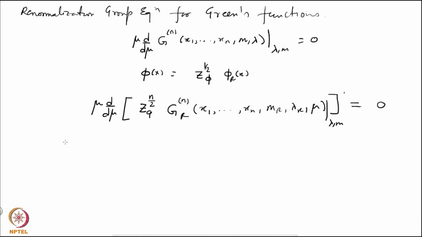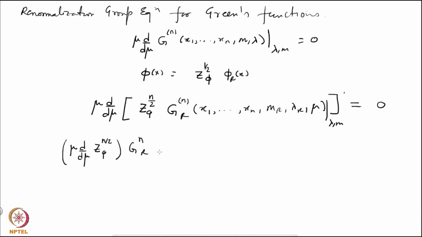Okay, so now let's act with the derivative. So it is mu d over d mu, okay, and then it acts on Z phi to the n half, and then you have G_n^R.